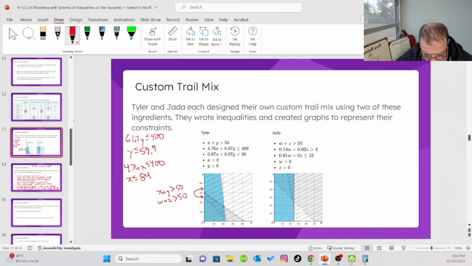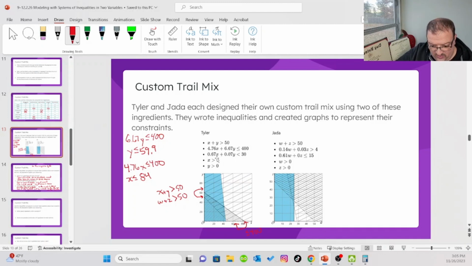And we can see that point right here. So the solid black line right here and this really thin line shading below it is going to be the less than or equal to 400.